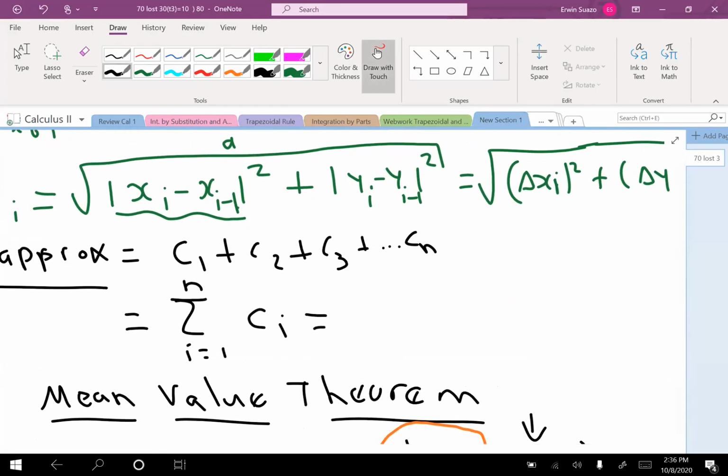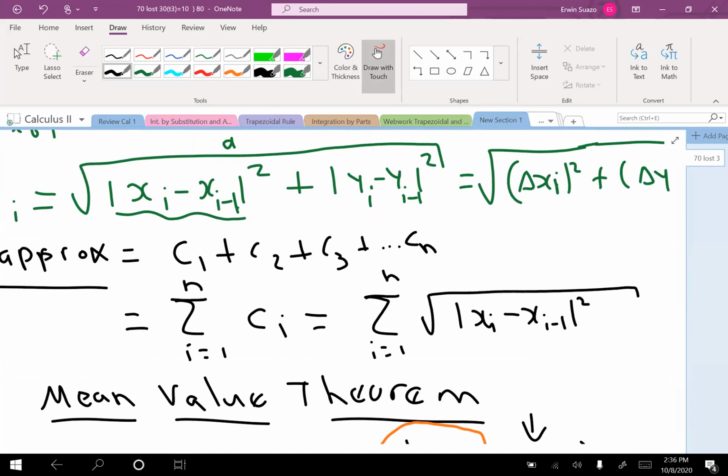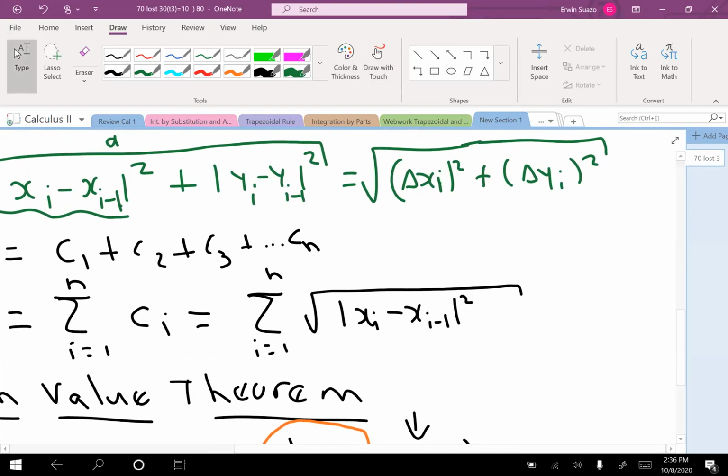This is the sum, i equals 1 to n, of the square root of xi minus xi-1 squared plus yi minus yi-1 squared, right?